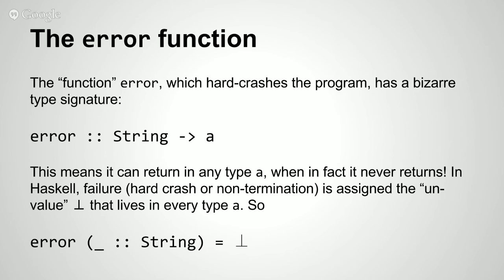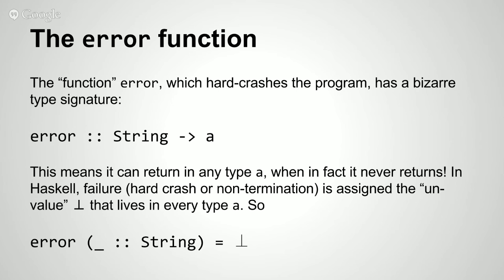Finally, there's this error function. Exceptions in Haskell are kind of a mess because when you have laziness, you don't know where your exceptions are necessarily coming from, and it can be painful to debug. And really, the reigning ideology is that pure code should not throw an error unless it's a hard crash. A hard crash meaning that this program just can't progress at all.